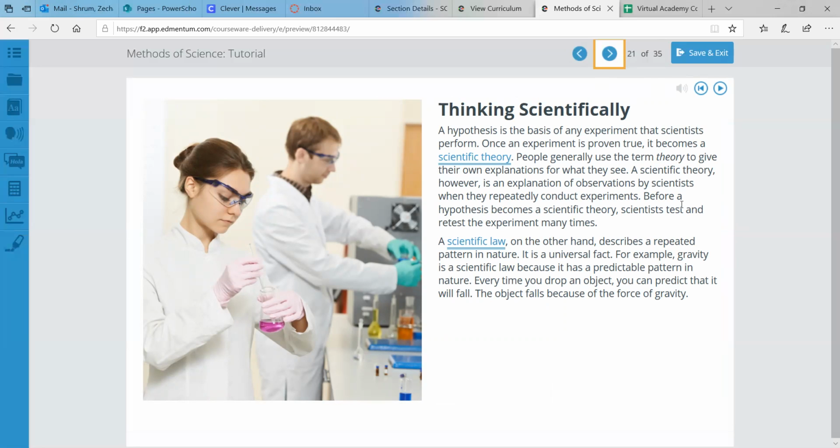So a hypothesis is a prediction before the experiment is performed. However, once an experiment is completed and repeatedly tested, a scientific theory can be developed. It's an explanation of observations by scientists when they repeatedly conduct experiments.